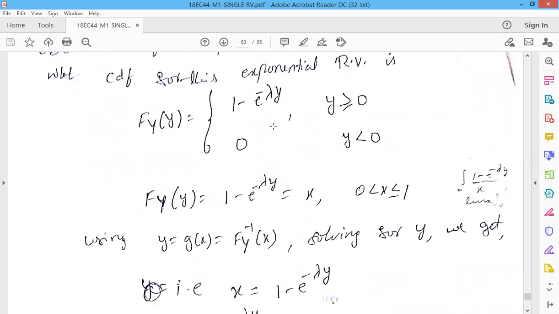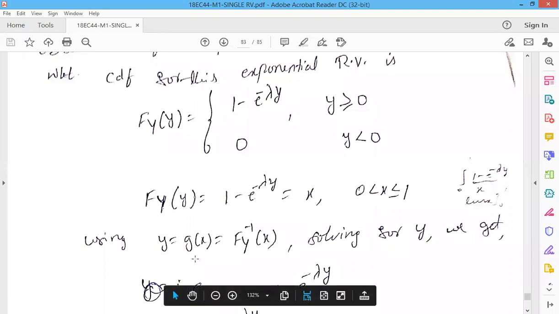Here we will reduce this to the term Fy of y is equal to 1 minus e to the power minus lambda y, which is simply taken as x. That is from the equation y is equal to g of x is equal to Fy inverse of x we have taken. From that we'll write this, and we'll assume that x lies between 0 to 1.